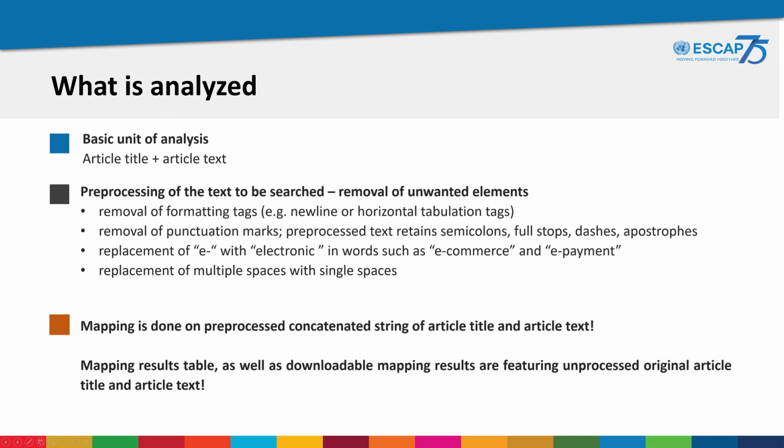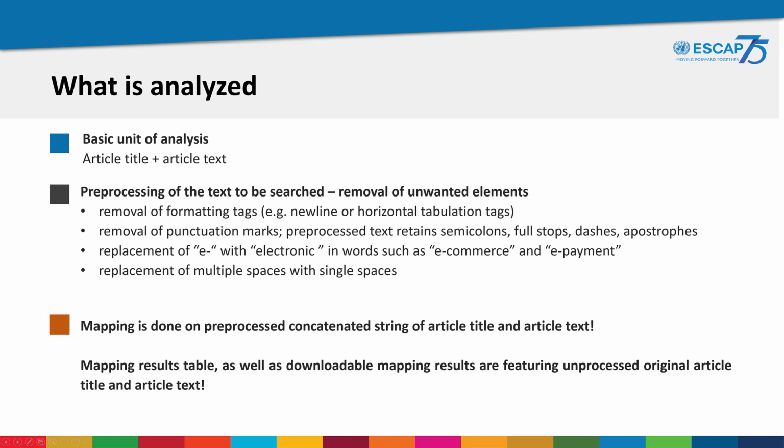For example, there could be a phrase environment-related, where environment and related would be separated by a dash, or the word cross-border, where cross and border would have a dash in between them, so we retain that as that is a part of the word.